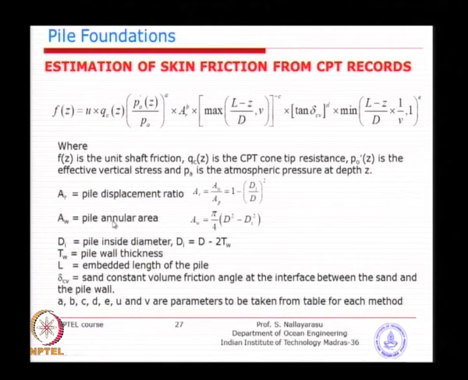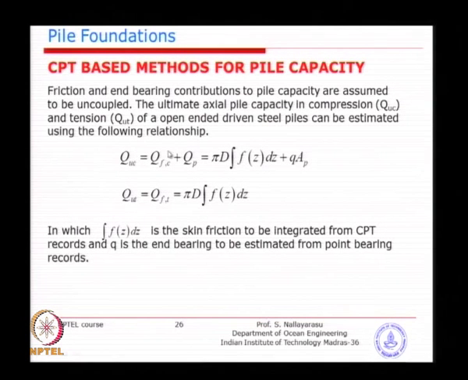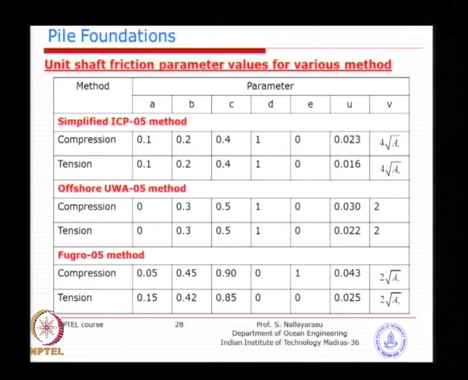Once you have the f_j value for each point, using the value of q_j, the basic idea is you can use this f_j value and do an integration here to obtain your total capacity. So the whole matter rests on how you get the values of f_j from the measured profiles of sleeve friction and cone resistance.